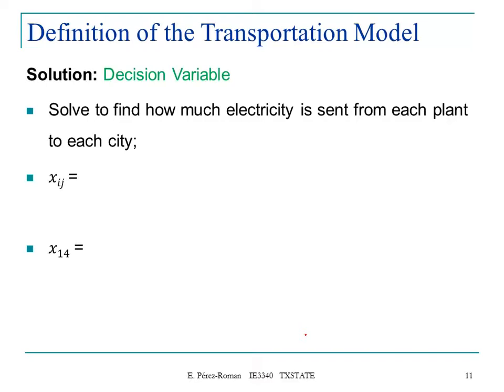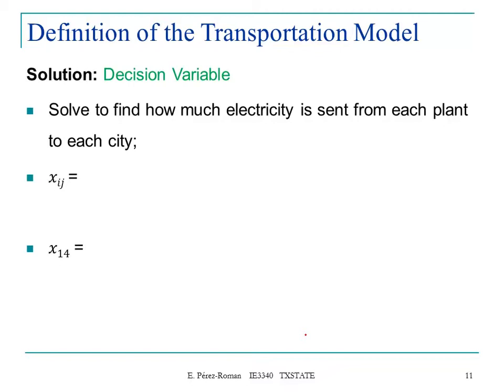Yeah, the decision variable is xij, but I want you to tell me what xij is going to be. What's the meaning of xij? Correct. That's the question you want to answer.